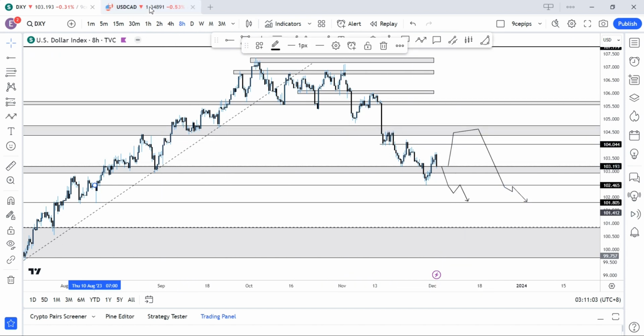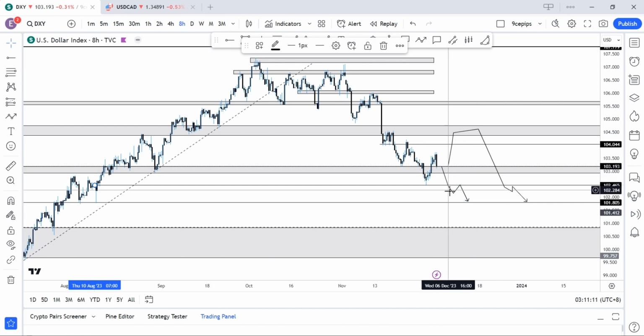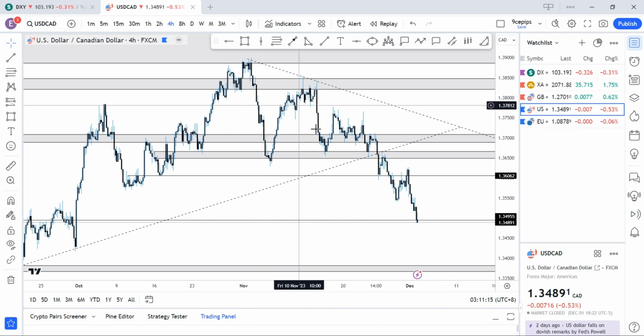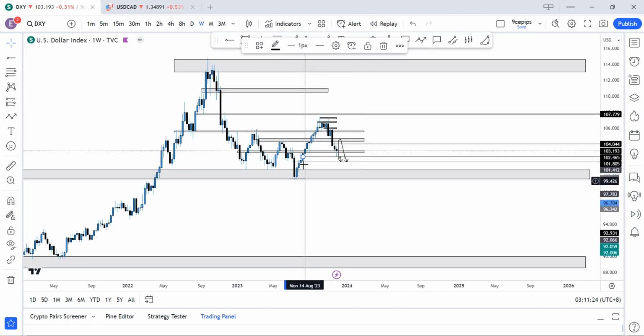That would give us sells on USDCAD and buys on GU if we have a continuation to the downside at market open. But if we have a pullback, then we might get a pullback from USDCAD here and a pullback on pound USD to the downside.